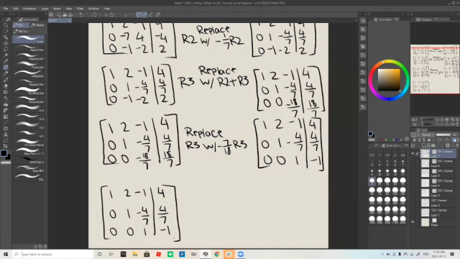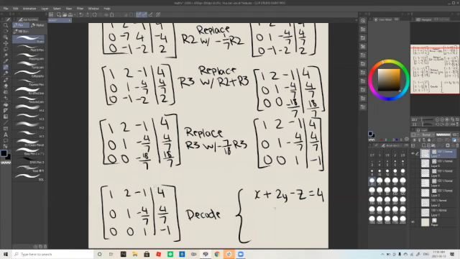And when we decode this back into the system, we get, so we have x plus 2y, because this is 2, so minus z. And this equals 4 because 4 is here.